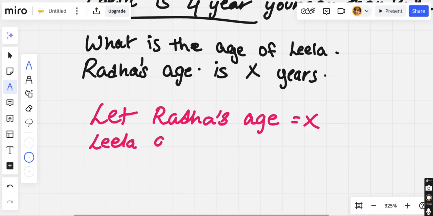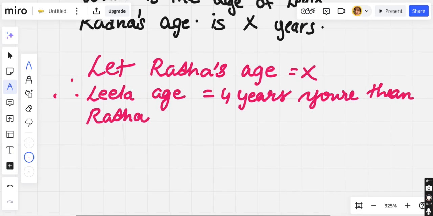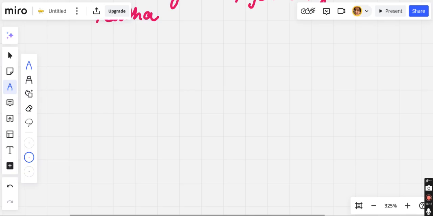Leela's age is 4 years younger than Radha. Therefore, that's all with algebra. There is nothing more for algebra. We have rules, but that is not important now.